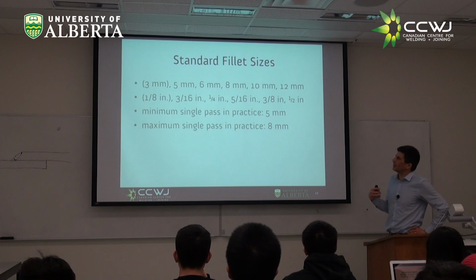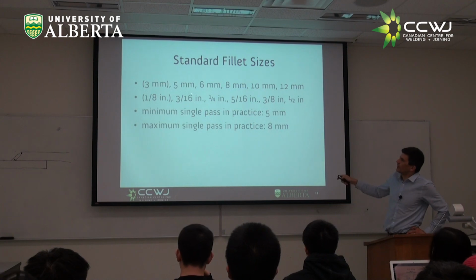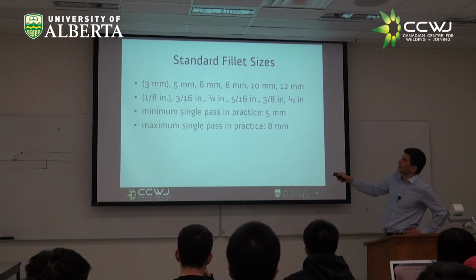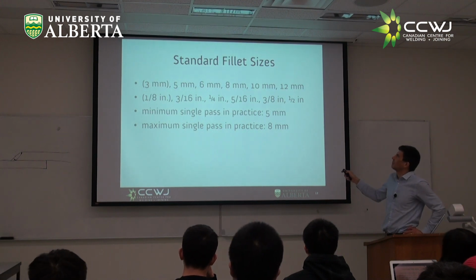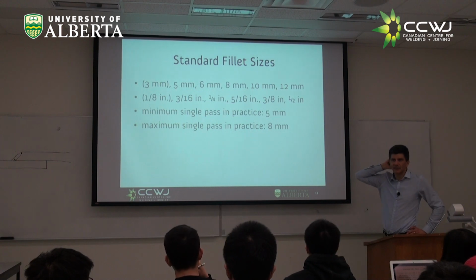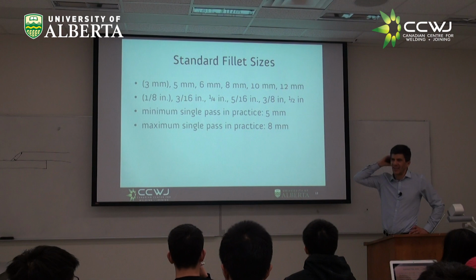Now there's an interesting thing. If you get an imperial design and you pass 3/16 to 5 millimeters, you're on the safe side. Same with a quarter, 5/16, 3/8. But half an inch, how much is half an inch in millimeters? 12.7.